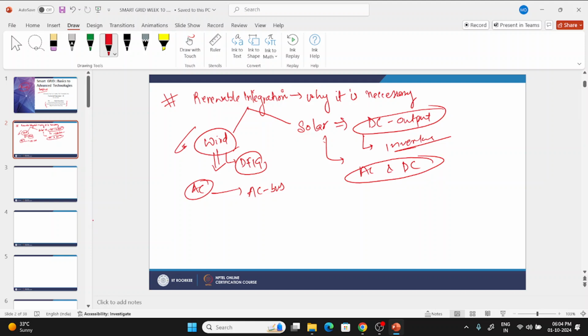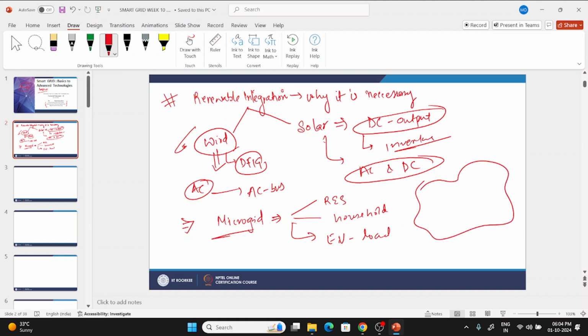I have talked about the microgrid in previous lectures. What is a microgrid? It is a small electrical system in which there are renewable energy sources and household loads, and in a modern system, there are also electric vehicle loads.